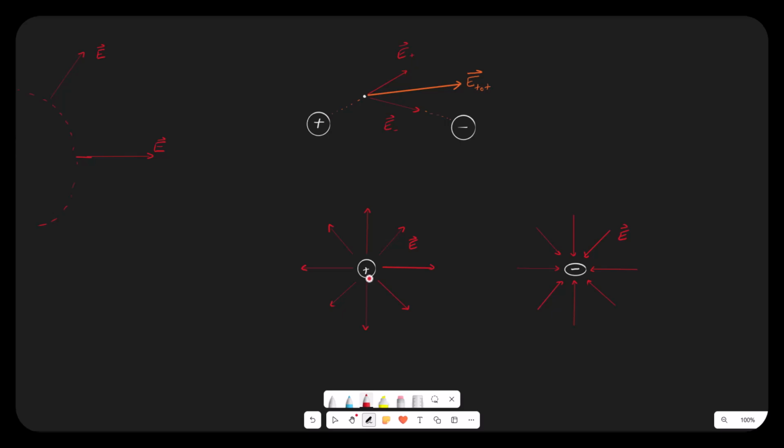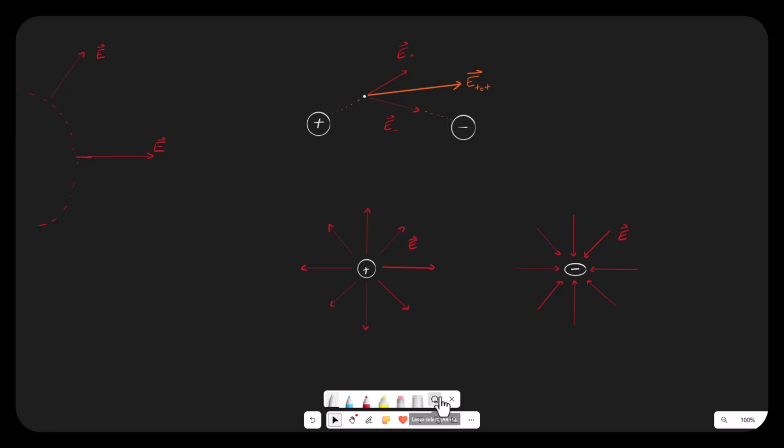So an electric field from a positive charge will always push outward, meaning a positive charge is like an electric field pusher. An electric field from a negative charge will always pull inward, so a negative charge is like an electric field puller. Now this right now, the way I've got this drawn, is saying there is no connection between these at all. They can't see each other.